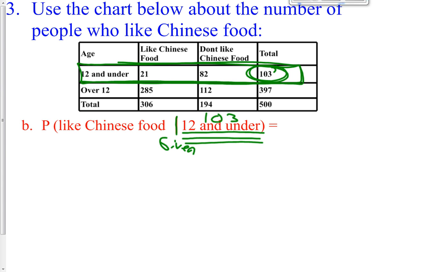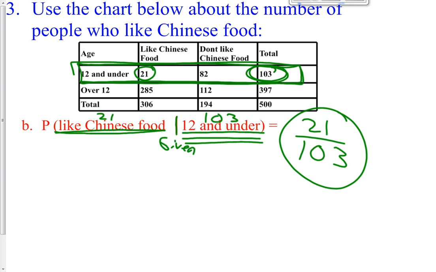Out of the 103 people that are 12 and under, which ones of those like Chinese food? Well, there's 21 that like Chinese food out of the total 103. So it's 21 over 103. And I don't think that can be reduced at all. Your answer is 21 over 103.